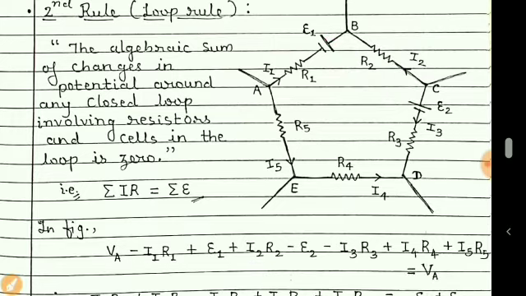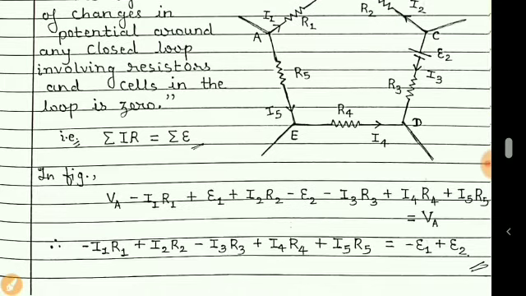Then we are moving again further clockwise. What is coming? Cell epsilon 2, cell of EMF epsilon 2 is there, but its positive terminal is first and then negative. So positive to negative, potential decreases, and that's why we will put the sign minus epsilon 2, because it becomes positive to negative.